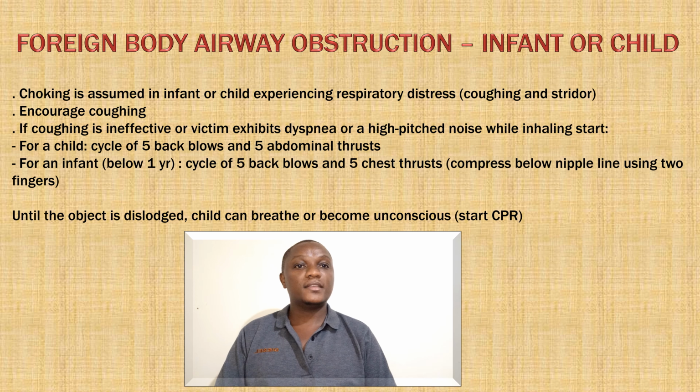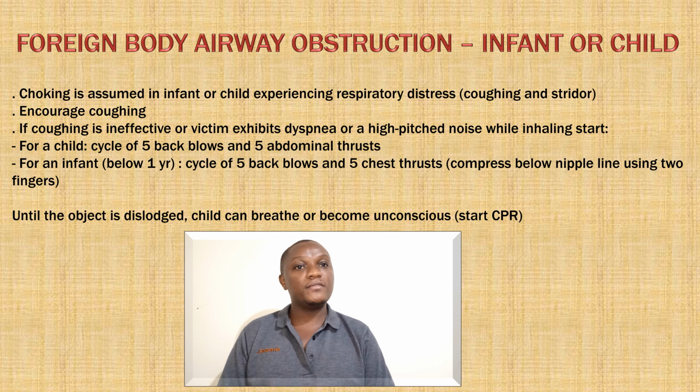Encourage the child or the infant to cough. And if coughing is ineffective or the victim exhibits dyspnea or a high-pitched noise while inhaling, start for a child 5 cycles of back blows and 5 abdominal thrusts.